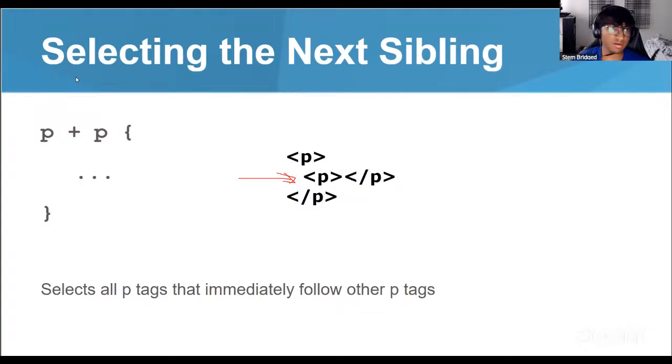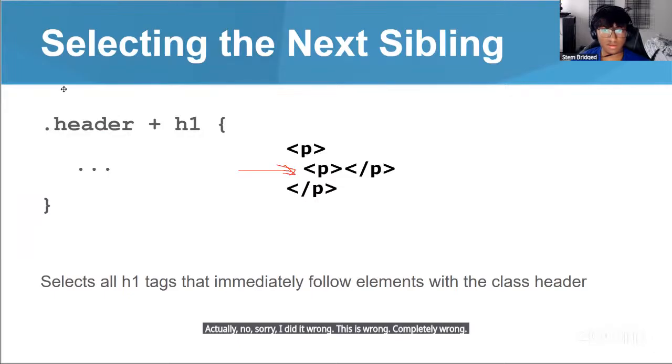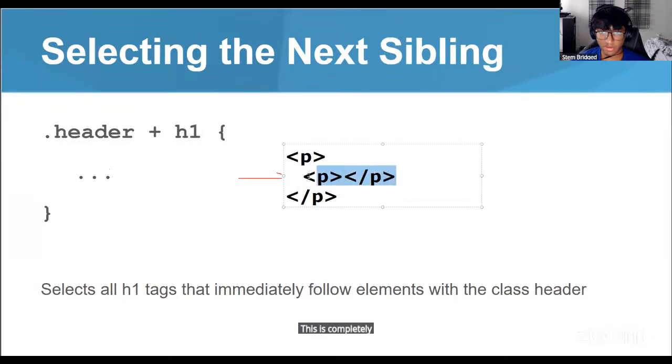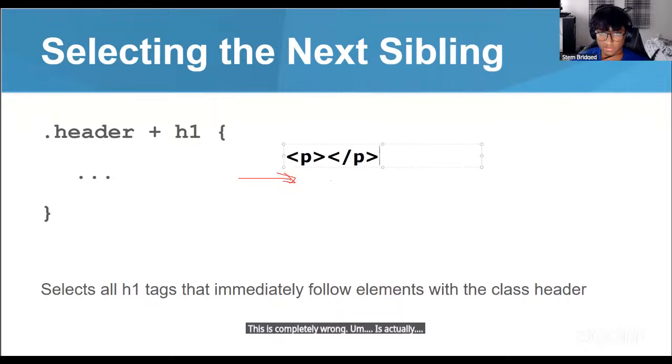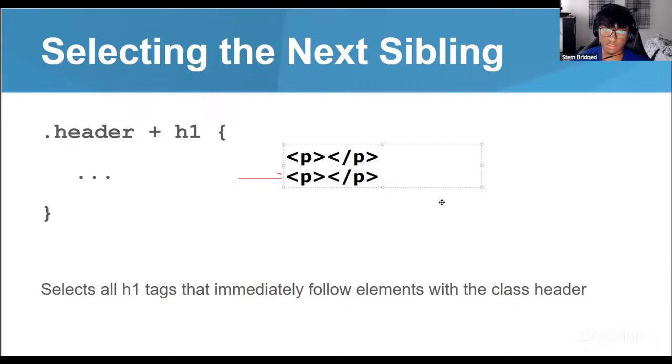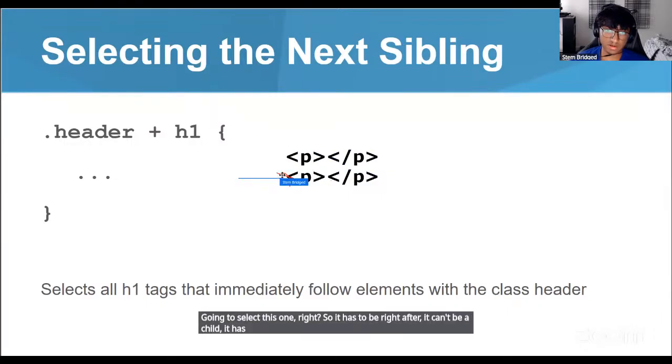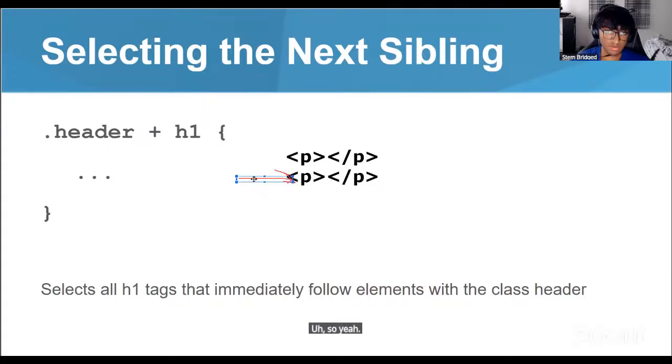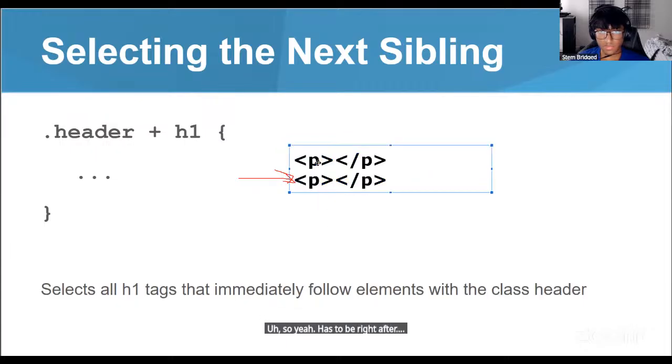Actually, no, sorry, I did it wrong. This is completely wrong. It is actually going to select this one, right? So it has to be right after. It can't be a child. It has to be siblings, sorry. So it has to be right after the previous paragraph tag, and they have to be siblings.